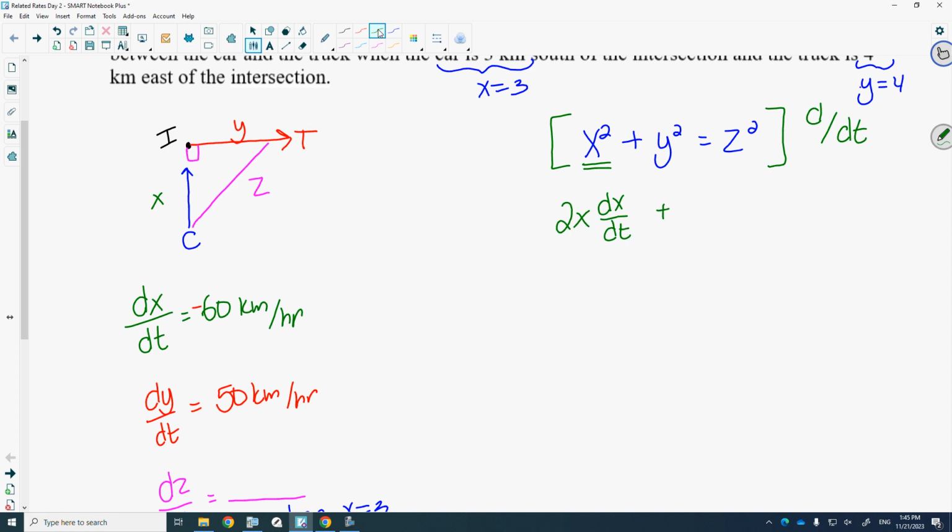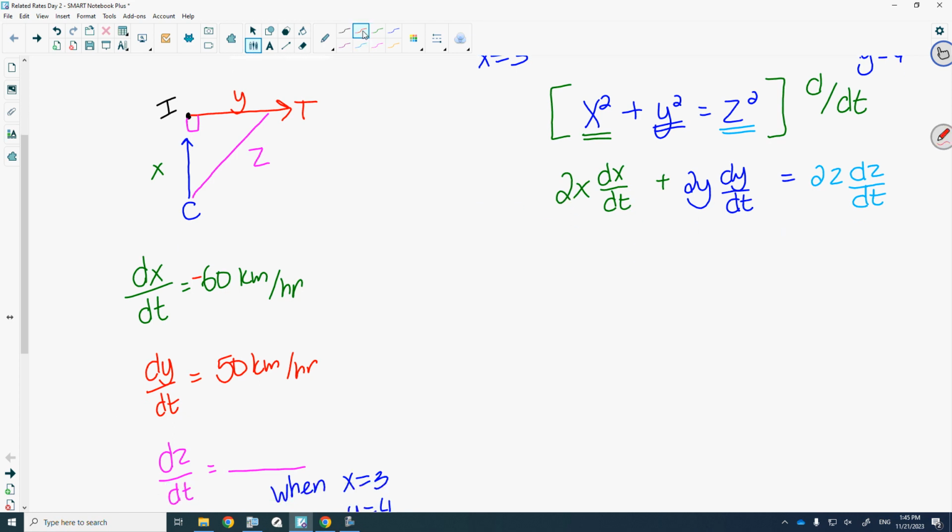The derivative of y squared is 2y dy/dt. The derivative of z squared is 2z dz/dt. What I'm going to do is, if each term has a 2, I could actually just cancel out those 2's.